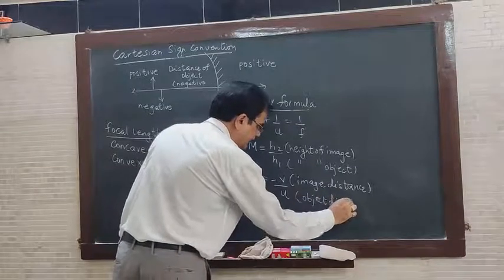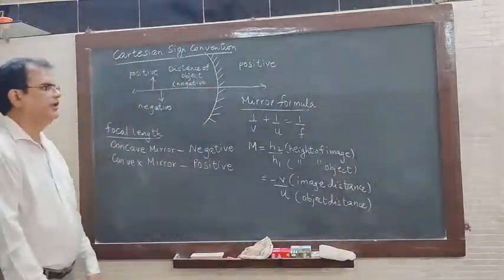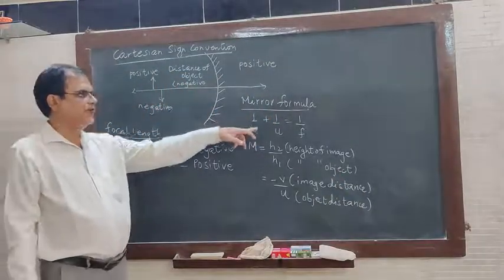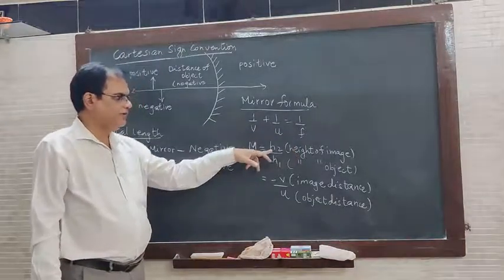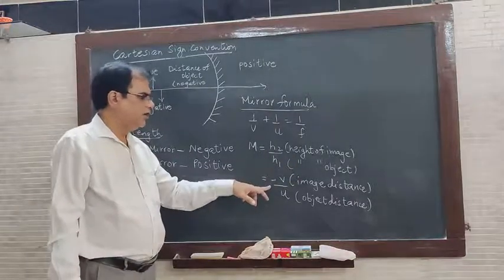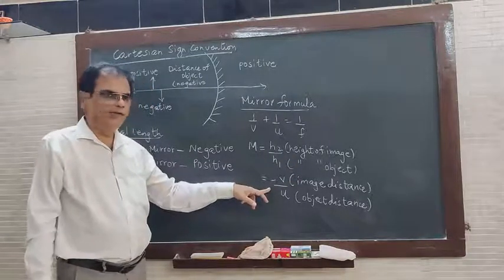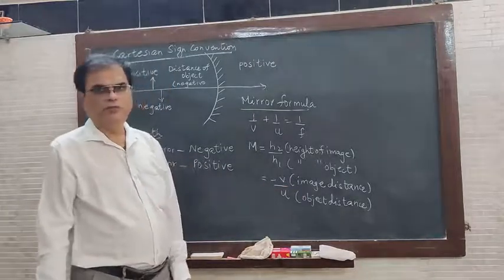You have to remember this when solving the sums. 1 upon v plus 1 upon u is equal to 1 upon f. Magnification is equal to h2 upon h1, that is height of image upon height of object, or the second formula is minus v upon u, that is the distance of image upon the distance of object.